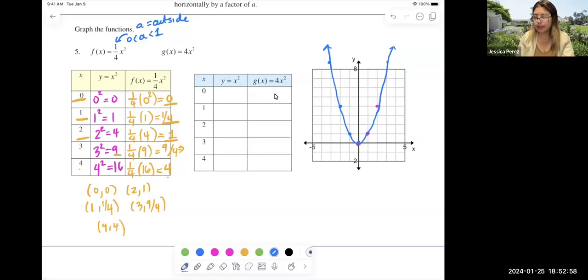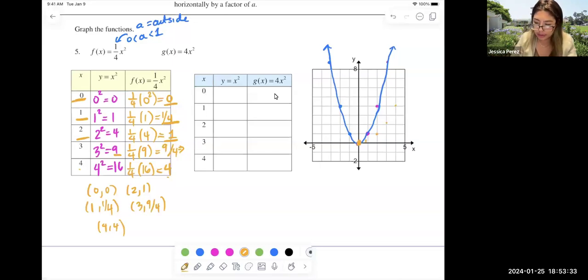Okay, so let's go ahead and input that, and I'm going to use the color orange. The starting point 0, 0 is the same. Now we have 1 and 1/4, which is something tiny right here, close to 0. And then we have 2 and 1. And then we have 3 and 2 and 1/4, like so. And then we have 4 and 4.